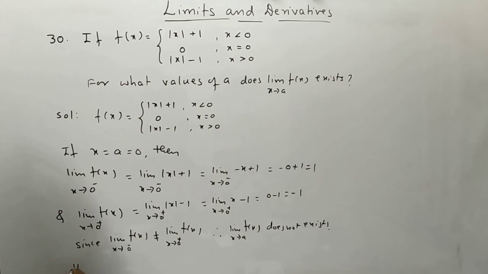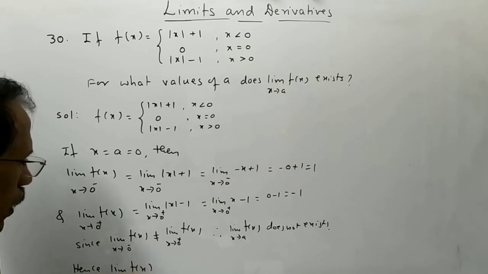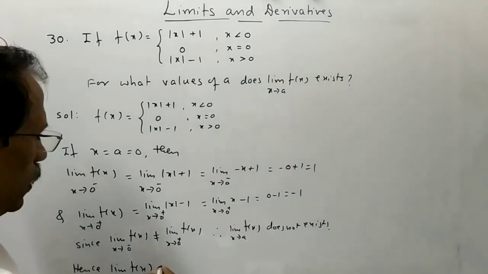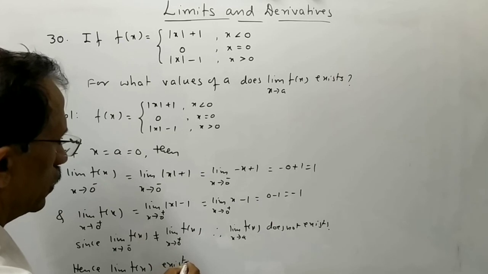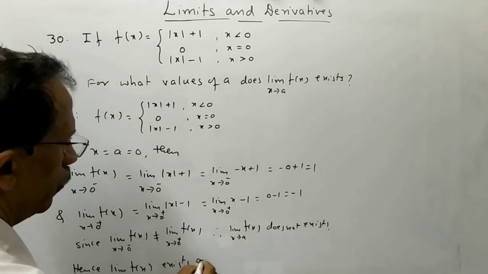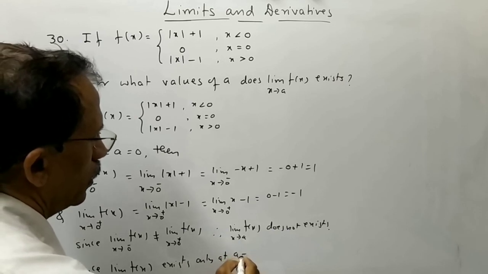Hence, the limit of f of x when x tends to a exists only if a is not equal to 0.